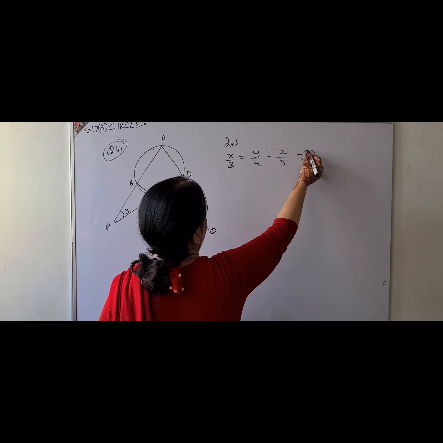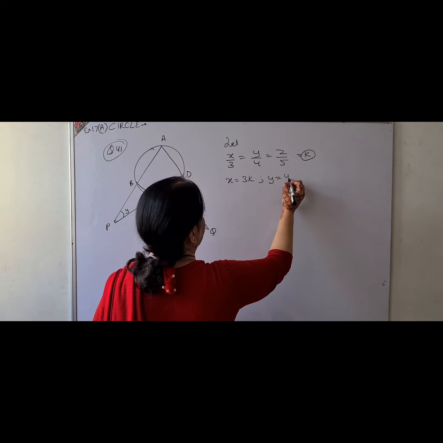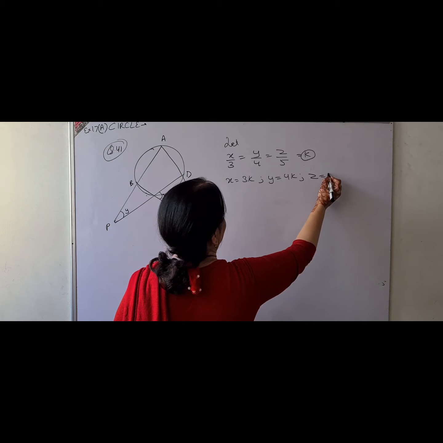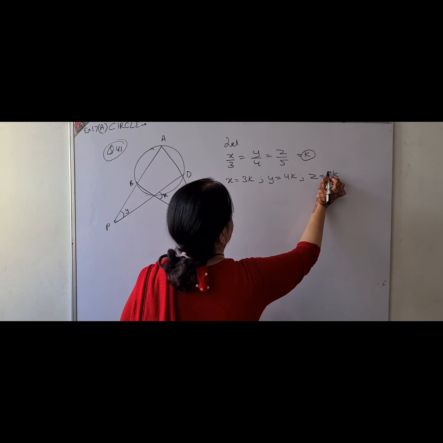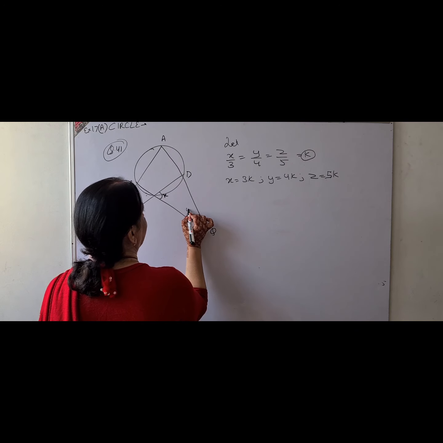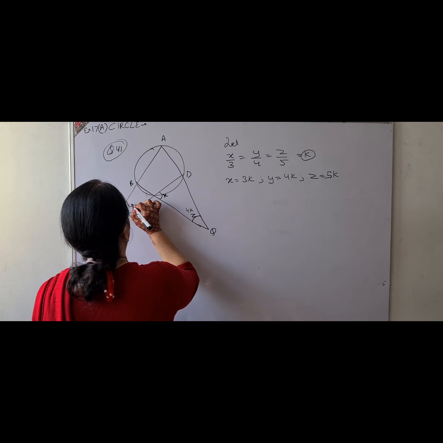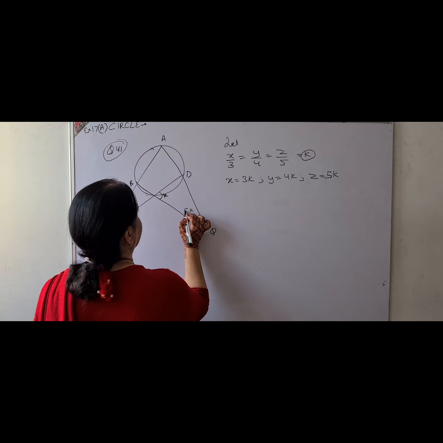So X is 3K, Y is 4K, and of course Z is 5K.